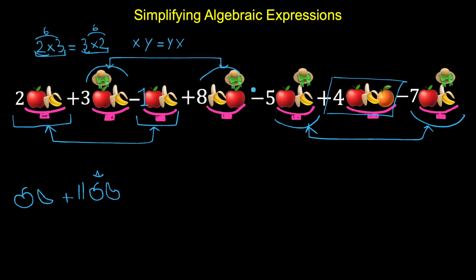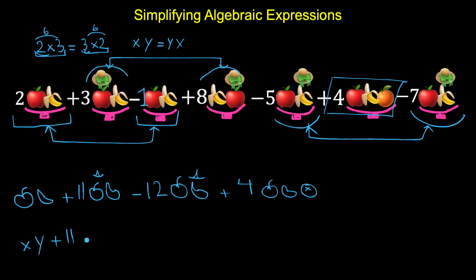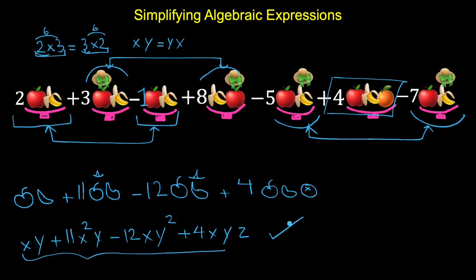So minus 5 minus 7 equals minus 12 apple banana with hat. And the last one is positive 4 apple, banana, and orange. And if we want to write the real expression, we need to write xy plus 11x squared y minus 12xy squared plus 4xyz. So this is our simplified expression.